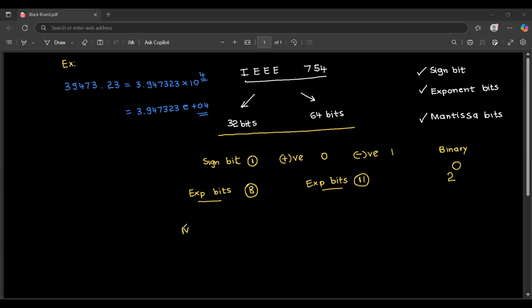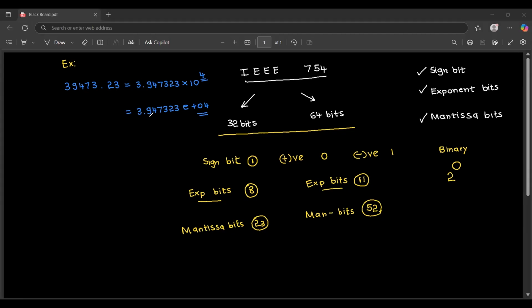Then we have Mantissa bits. For the 32-bit representation, we have 23 Mantissa bits, and for the 64-bit representation, we have 52 Mantissa bits. So what is even meant by Mantissa bits?